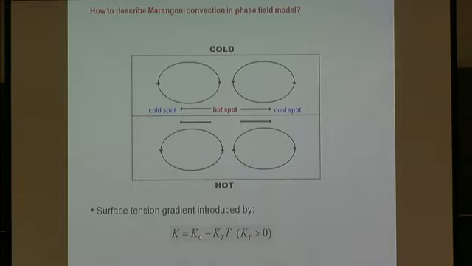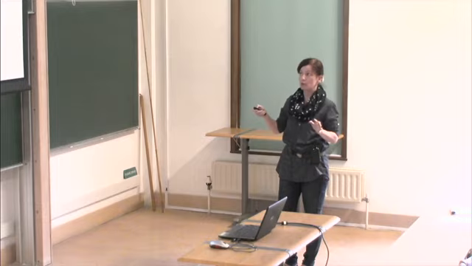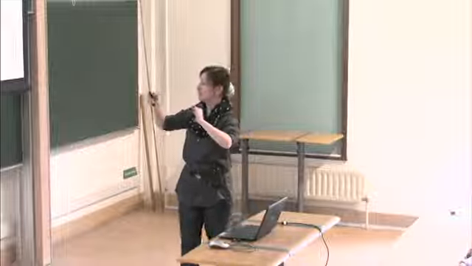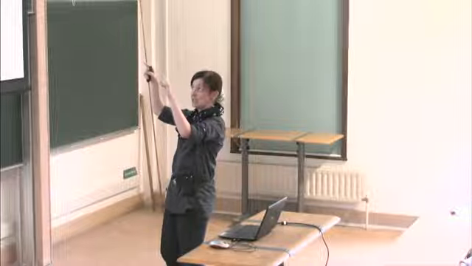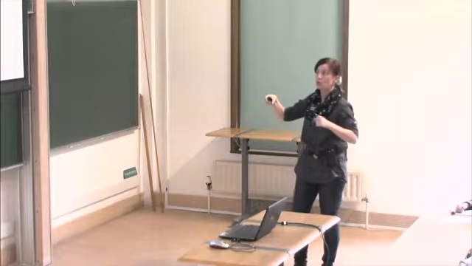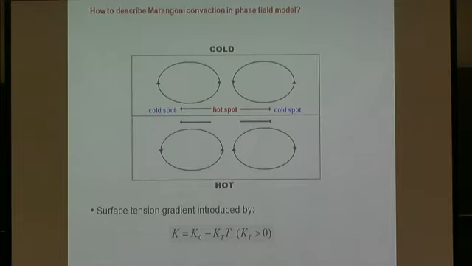In the system some perturbation of the temperature appears, some cold and hot spots along the interface. This will produce gradients of surface tension and pushing forces from lower surface tension to higher surface tension. And if the temperature difference top-bottom is high enough, so it surpasses a critical value, convective rolls will appear in the liquid and in the vapor phase.